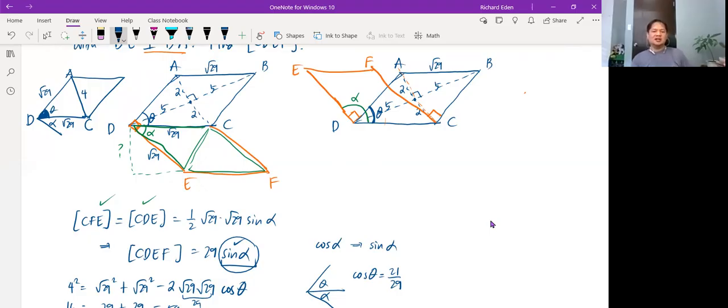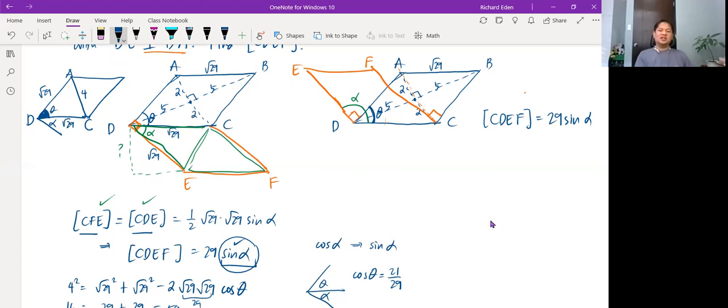For the second configuration, if we are interested ultimately in the area of rhombus CDEF, this is still going to end up being 29 sine alpha, because CFE equals CDE.